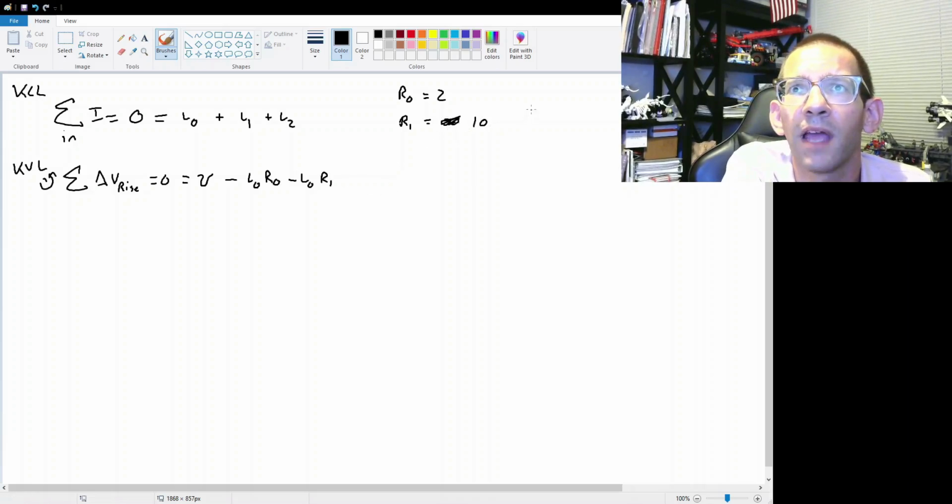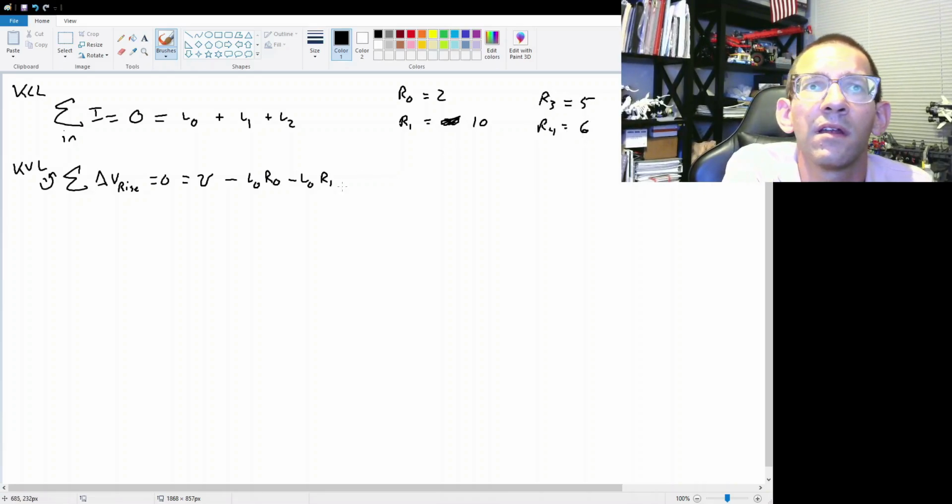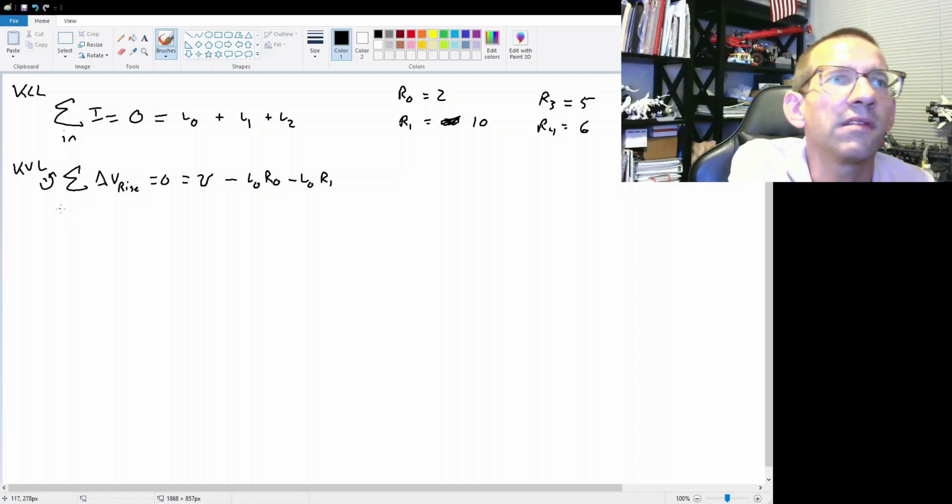And then have an R3 equal to 5 and an R4 is equal to 6. And the first loop is done. And then you have a second loop.